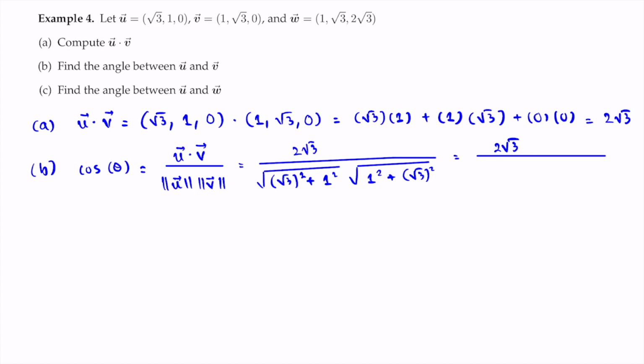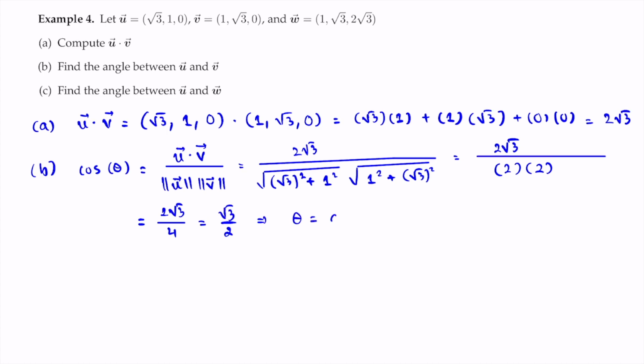In the denominator, root 3 squared is 3, plus 1 is 4, so the square root of 4 is 2, times 2. So cosine of theta is 2 times root 3 over 4. Well, this is root 3 over 2.